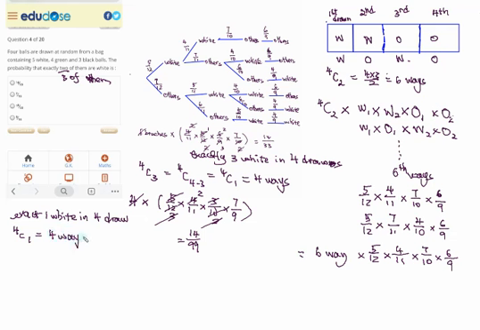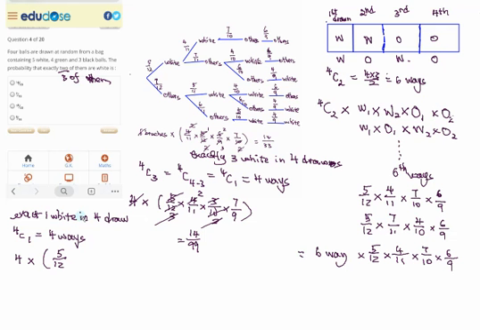Okay? Now, so 4 in front here. Let's find the probability of 1 white followed by 3 other colors. So it's 1 white only. The probability of 1 white is 5 over 12.